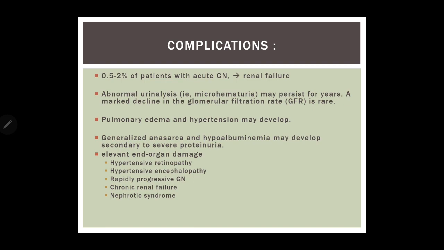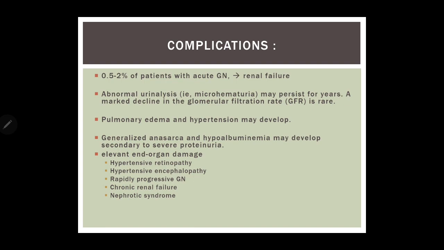Okay. Complications of patients who have glomerulonephritis, only 0.5 to 2% of the patients go in for a full-fledged renal failure. Okay, most of them recover and do well. They will always be at risk of renal decompensation, but then it need not be in every case. Abnormal urine analysis may persist for years. That's microhematuria may exist for years.